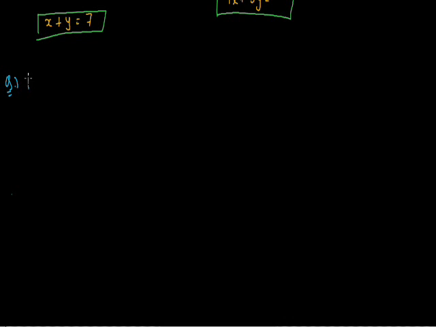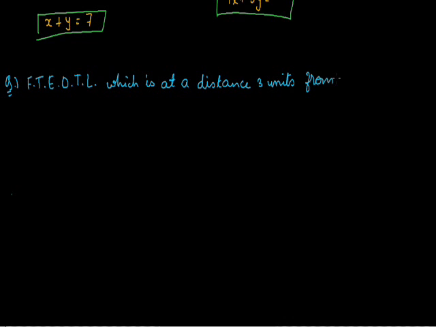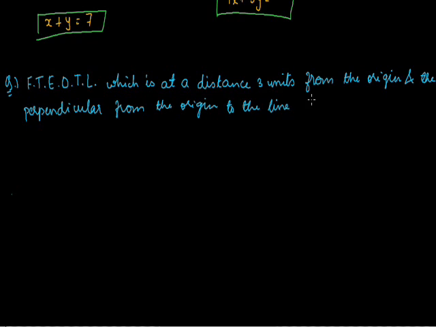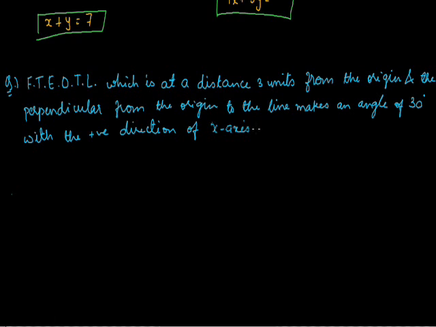Find the equation of the line which is at a distance of 3 units from the origin, and the perpendicular from the origin to the line makes an angle of 30 degrees with the positive direction of x-axis.